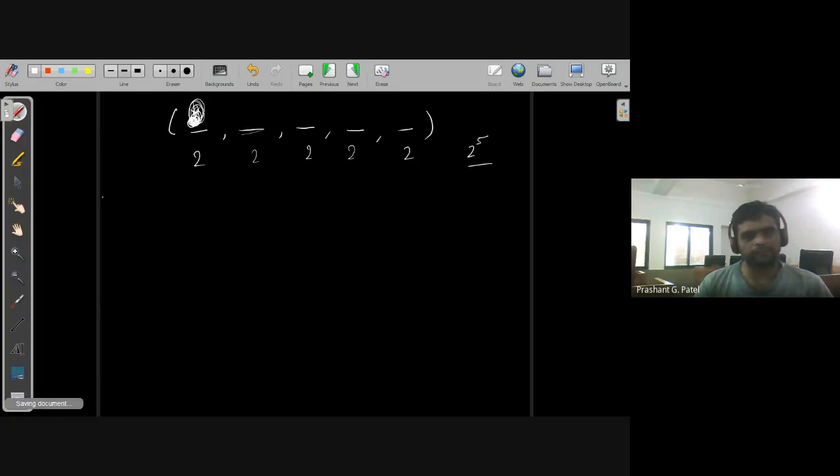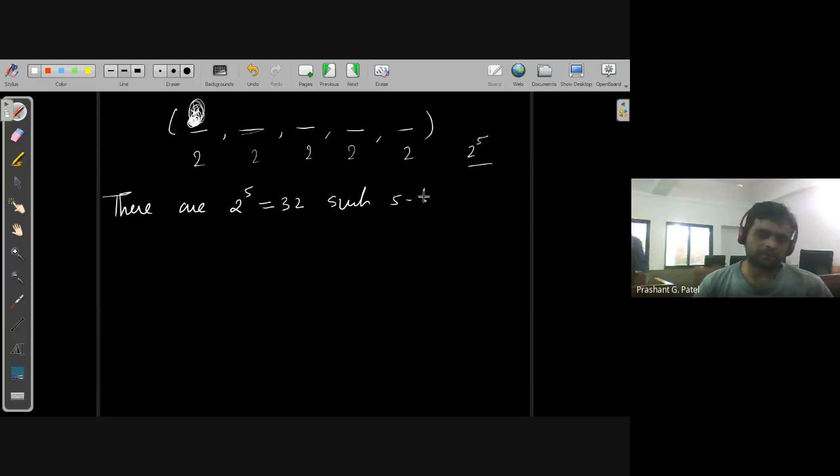So there are 32 such 5 tuples possible, including the 0 vector.